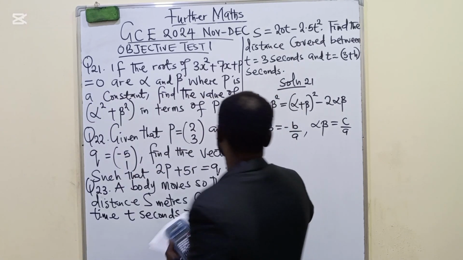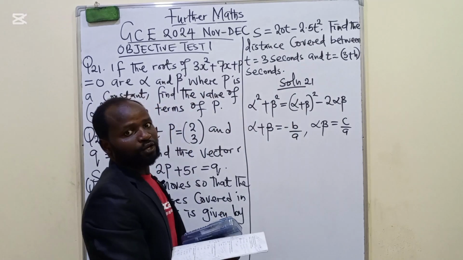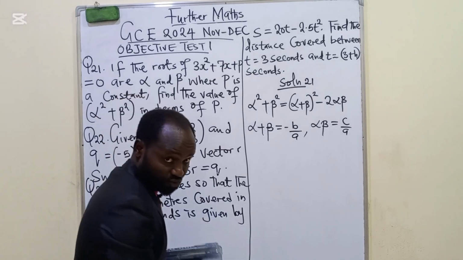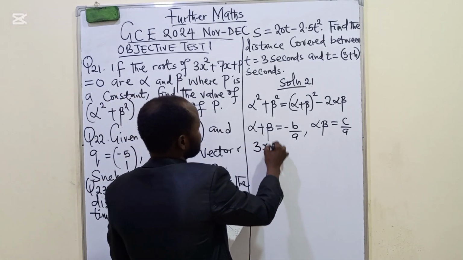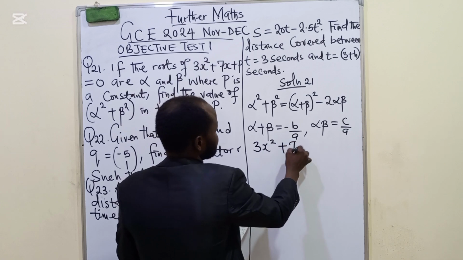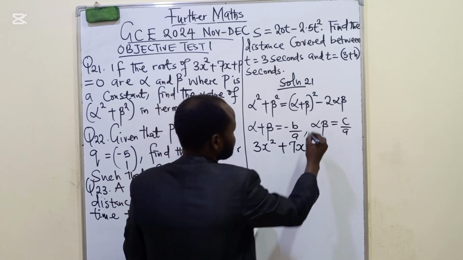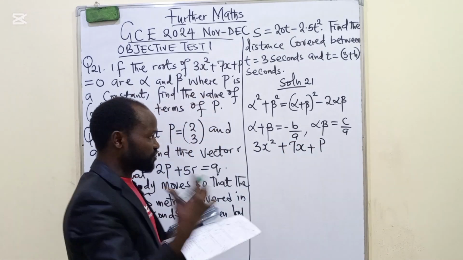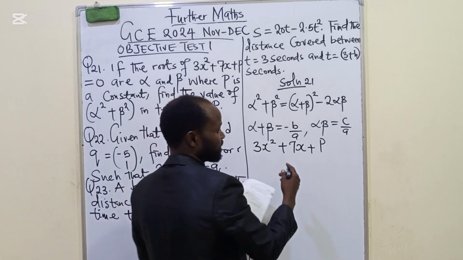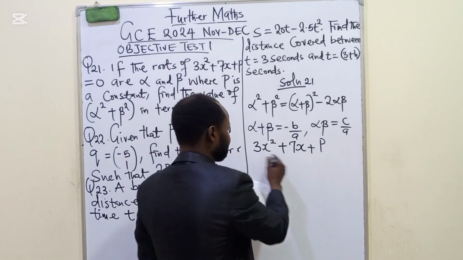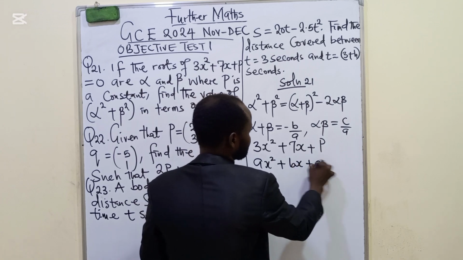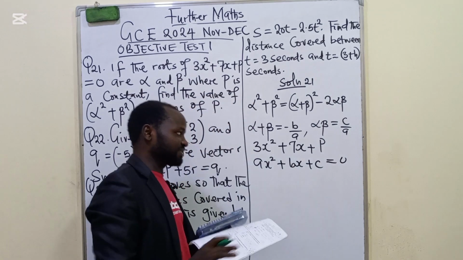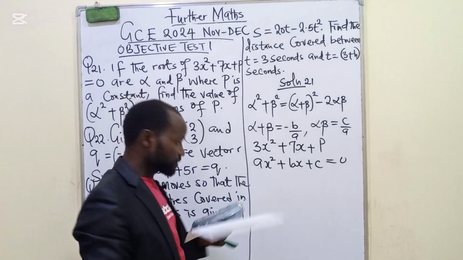So the first thing for us to do is to pick the equation that was given to us in the question, which is 3x squared plus 7x plus p, and compare it with the general quadratic form, which is ax squared plus bx plus c equals 0, given that a cannot be equal to 0.